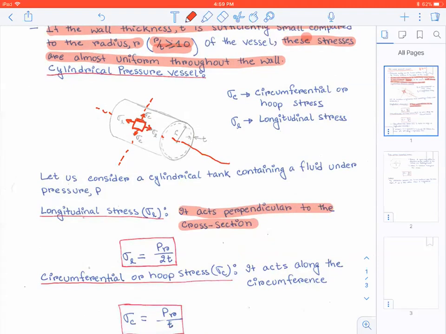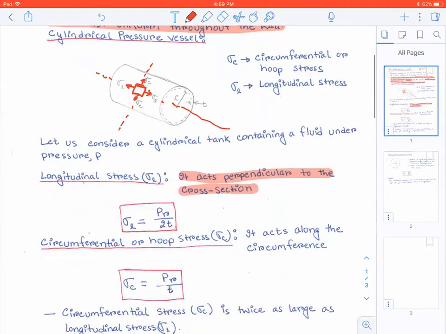The formula to calculate this longitudinal stress would be PR divided by 2T, where P is the pressure exerted by the fluid, and R is the inner radius. You can see that I have drawn it.